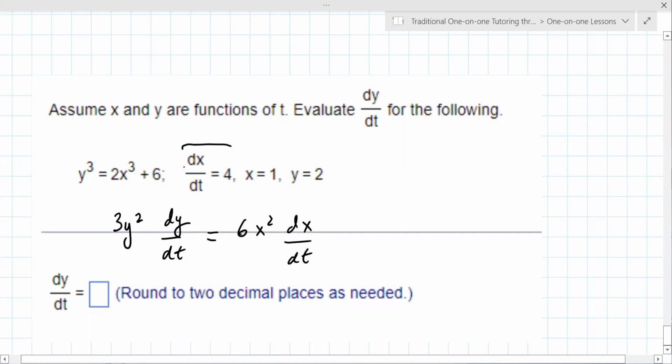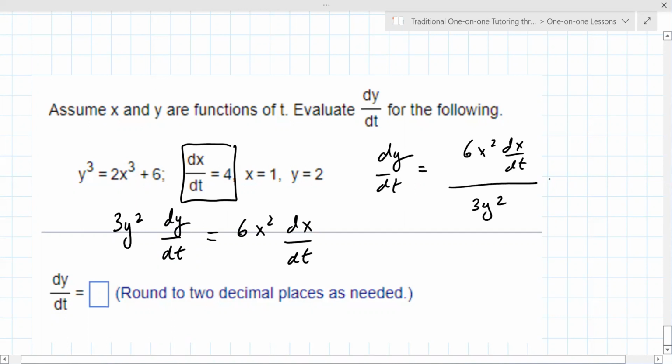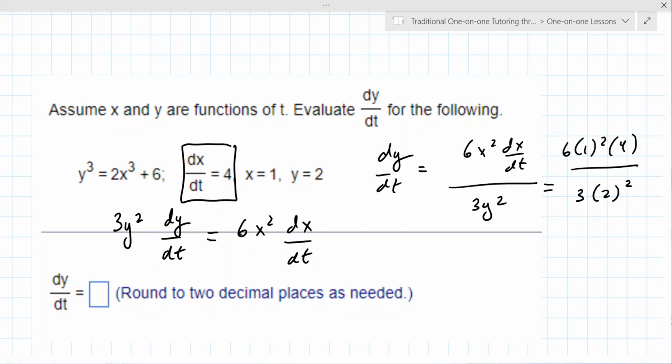Notice they give you dx/dt. So dy/dt, solving for that, is 6x squared dx/dt over 3y squared. With all these numbers, it's 6 times 1 squared times 4, that's dx/dt, over 3 times 2 squared, because y is 2. And this one, by comparison, is very tame and nice.